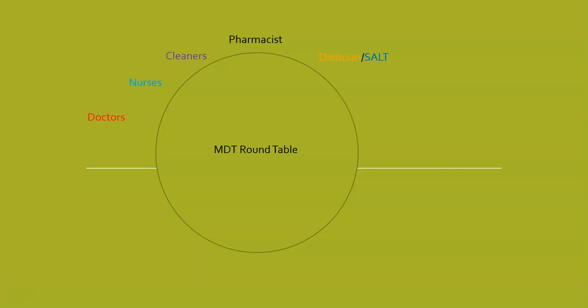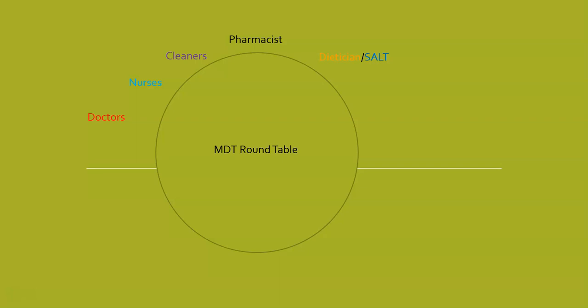It contains all the vitamins and minerals that you need, the protein, etc. So the dietitians often will make a plan to help the patient either gain weight or maintain weight, and we then prescribe whatever they've advised on the prescription chart. And then of course the SALT team, so they come and review a patient's swallow.